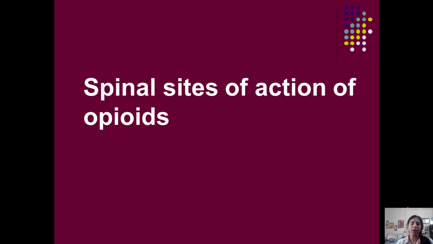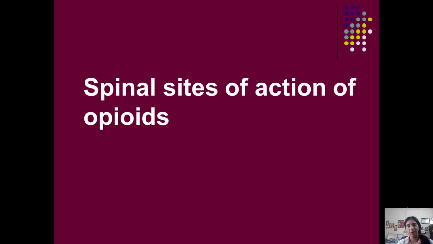And we dwelt a little bit more on the receptors for these opioid agonists, which are basically mu, kappa, and delta. As I told you, these receptors are abundantly present in the spinal cord as well as the brain. But we also discussed that they do have peripheral presence, in that they are present in the GIT and the urogenital tract.